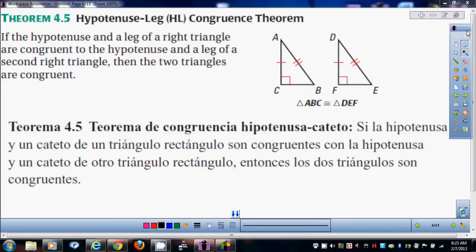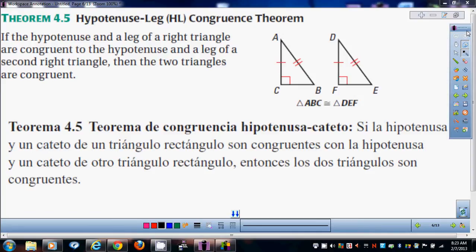The very last thing you wrote down covers it. Not the definition, the last postulate you wrote down. Well, what's the last postulate I gave you? Side, angle, side. If we'd been given these pieces, you could just use side, angle, side, and you wouldn't even need this theorem. The only time you need this one is if it's a right triangle and you don't have side, angle, side. So you can use the hypotenuse leg congruence theorem.